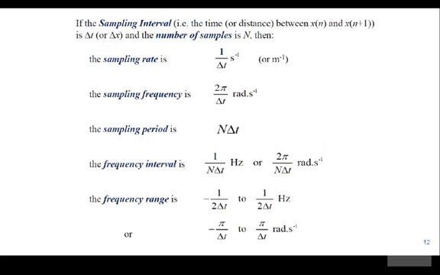So the question is then the sampling intervals. They're all related. In real space, in time, or it can be distance, as in images usually, we're going to have a sampling distance between our two data points, in this case xn and xn plus 1. So the sampling rate, if we're dealing in time, is going to be 1 over the difference between these data points, or 1 over delta t, or if we're using images in real space, position space, it's going to be distance to the minus 1.